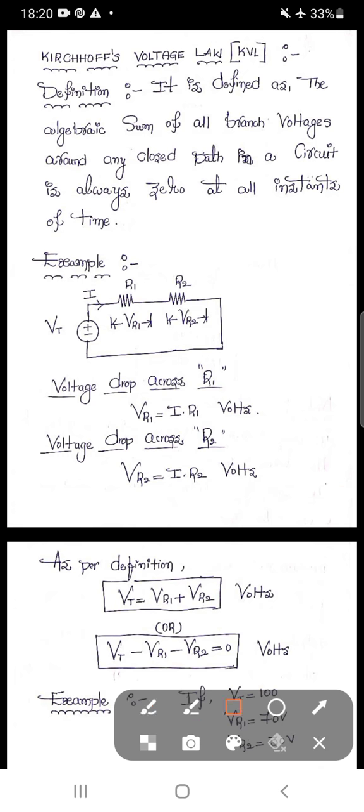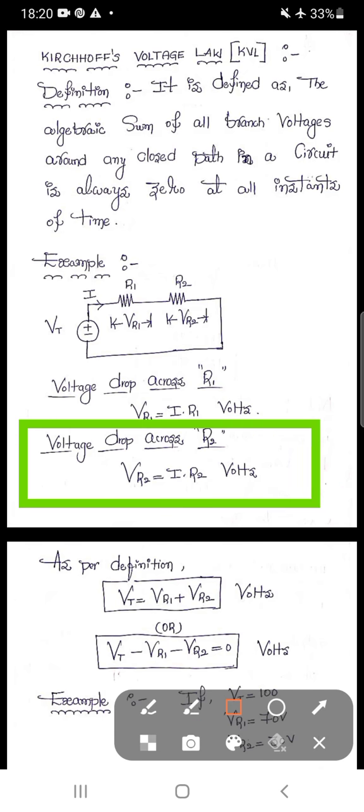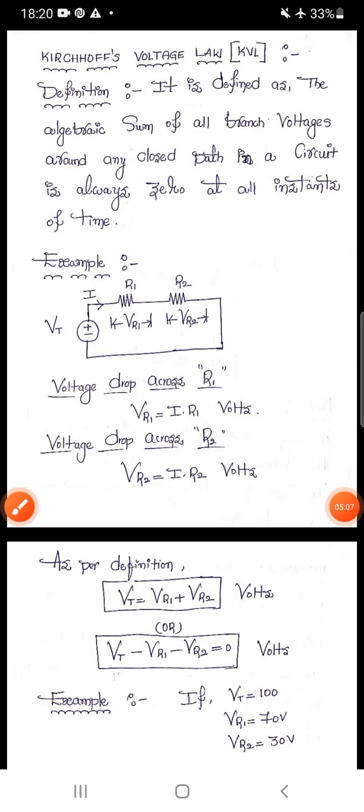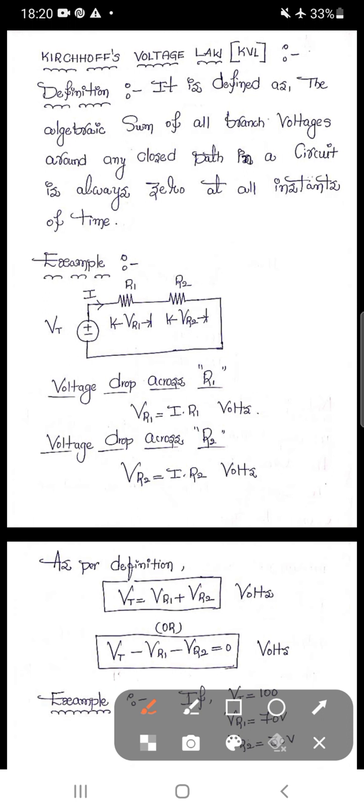Now coming to the voltage drop across R2: VR2 is equal to I into R2. Here I represents the total current, and R2 represents the value of resistor R2 which is given in the problem or in the circuit. If you know these two values, then with the help of the definition of Kirchhoff's voltage law we can write Vt equals VR1 plus VR2.